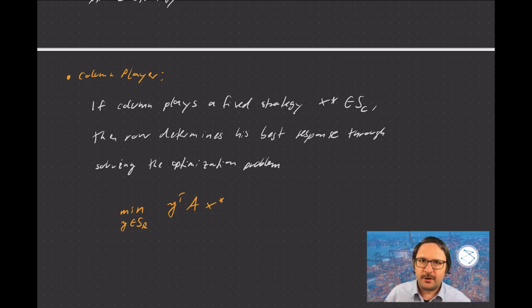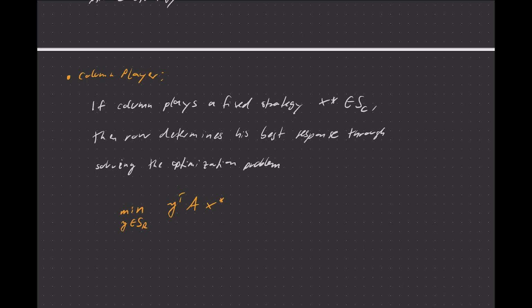Now, of course, Column can also solve that optimization problem. So Column knows that for a certain strategy x star, this is the payoff that Column would get. Column wants to maximize the payoff. So she needs to find a strategy, an x star, that has a minimum for the Row player that is as high as possible. So again, this is the payoff the Row player would determine given that strategy x star.